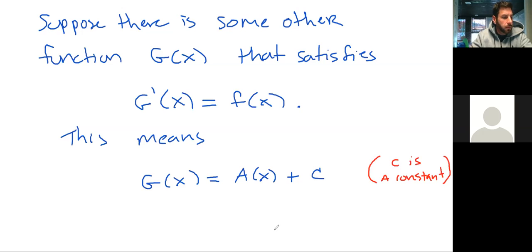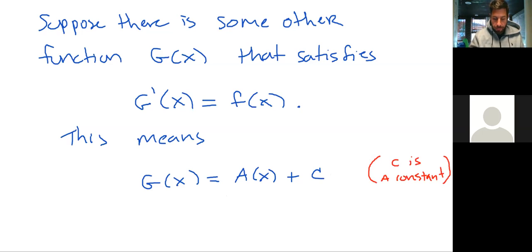Differentiate the left-hand side and differentiate the right-hand side, and you get f of x. Again, take this last line that I've written and differentiate both sides.